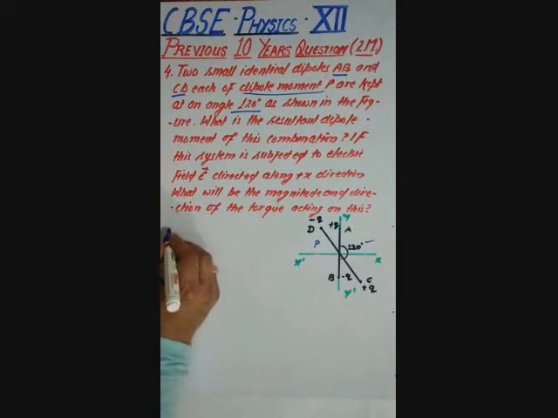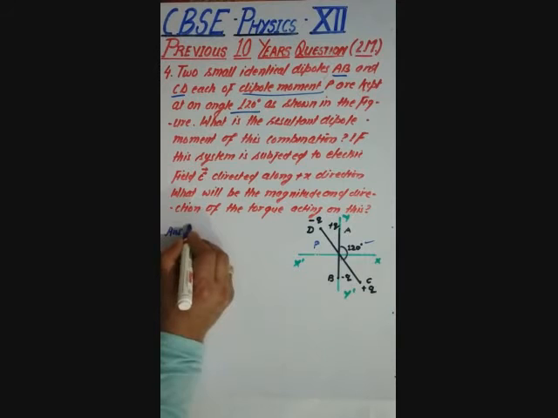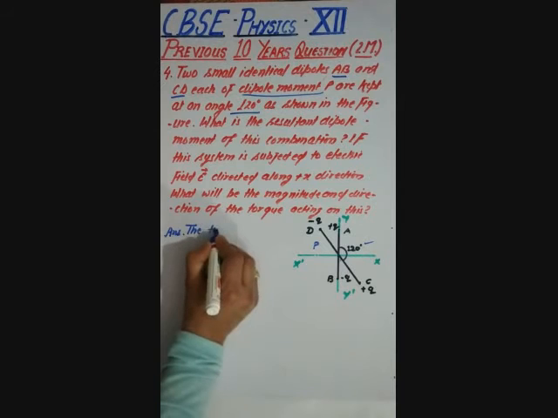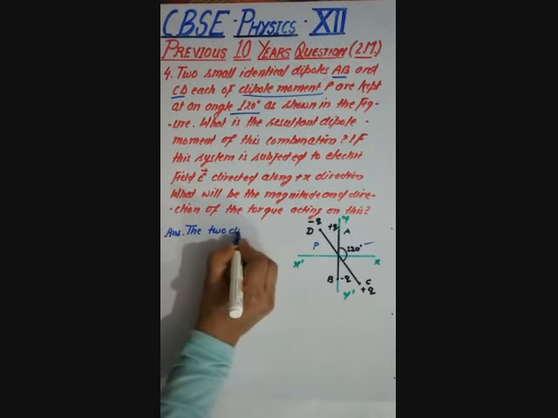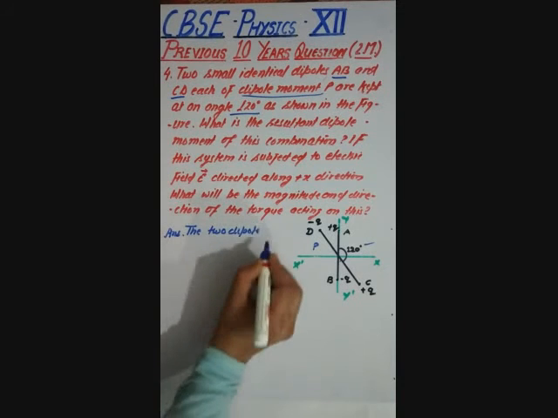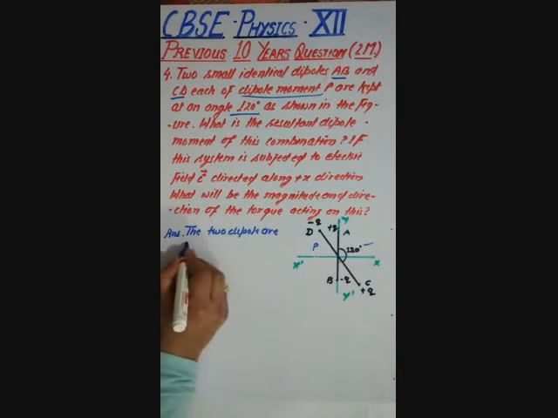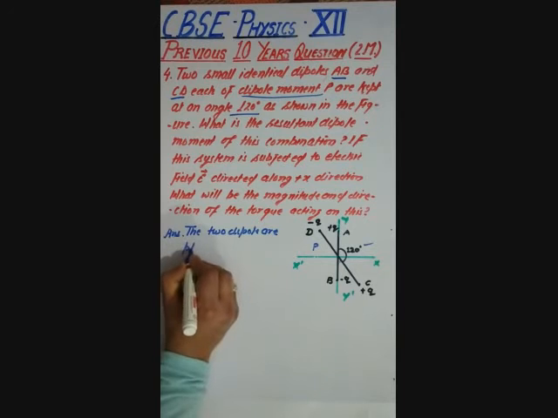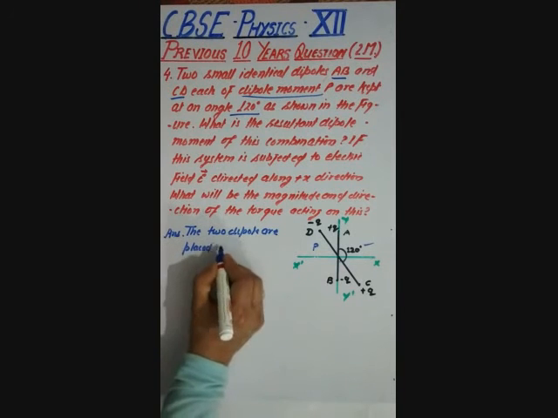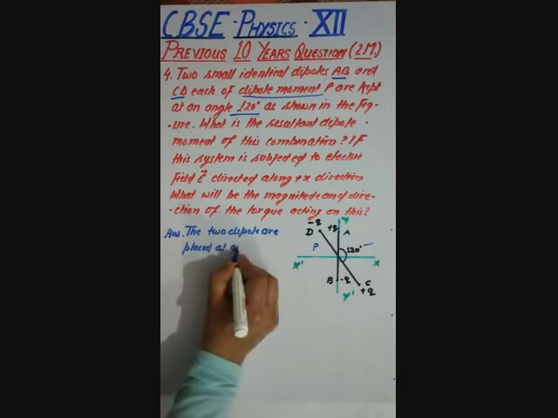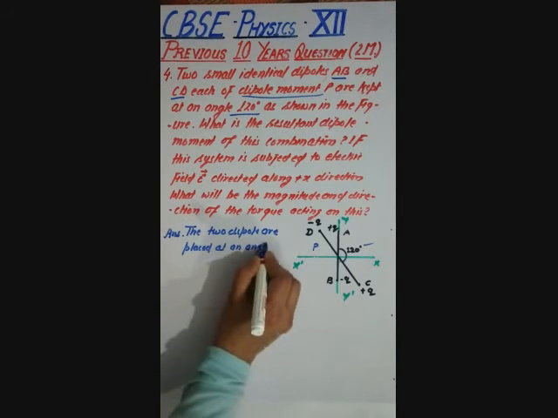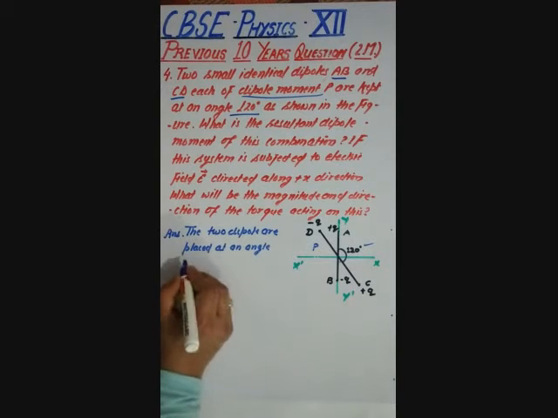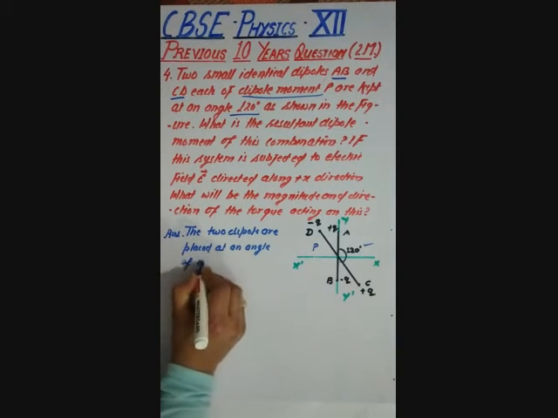We know that, answer: the two dipoles are placed at an angle of 120 degree.